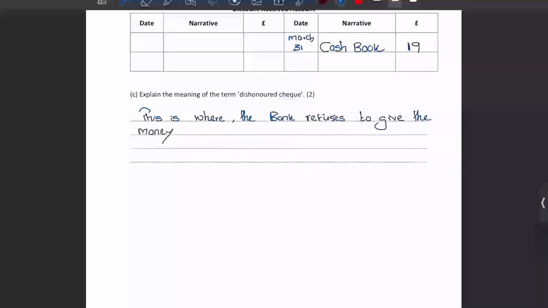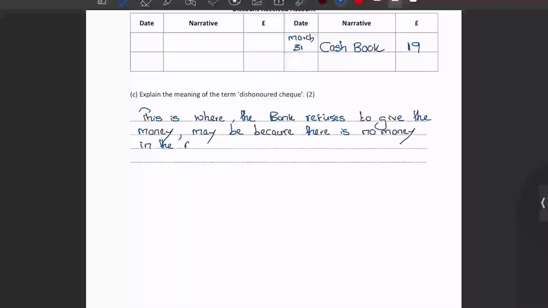You can tell, why do you think the bank will refuse to give the money? Maybe because there is no money in his bank account, right? Maybe because there is no money in the account.